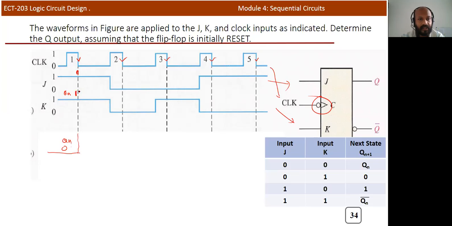Now after applying this falling edge clock, at that particular instant JK inputs are 1 1. If JK inputs are 1 1, next state Qn+1 is equal to Qn bar, so it becomes 1. Similarly, we need to evaluate each case.